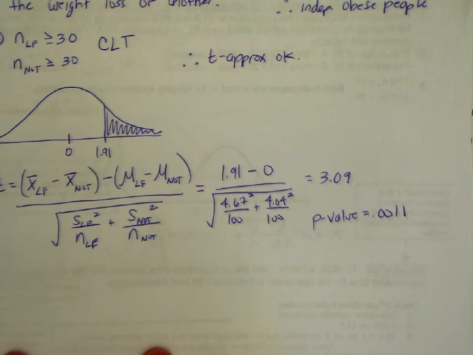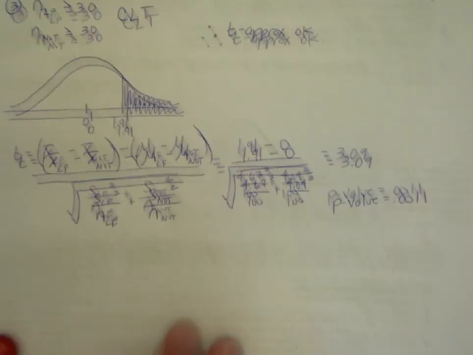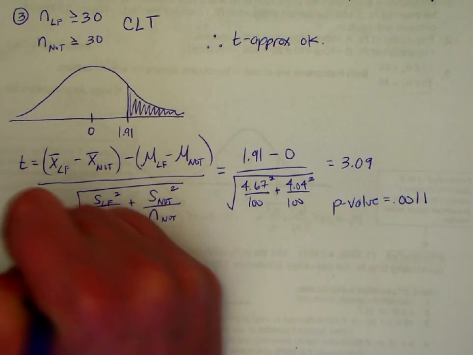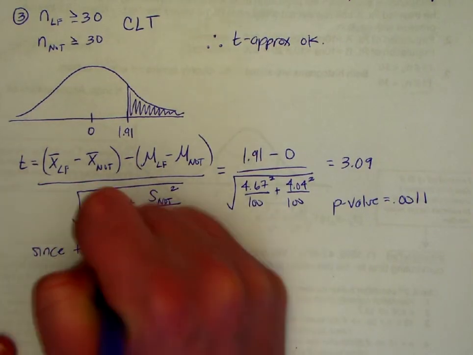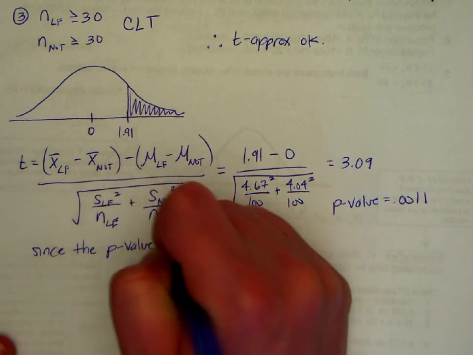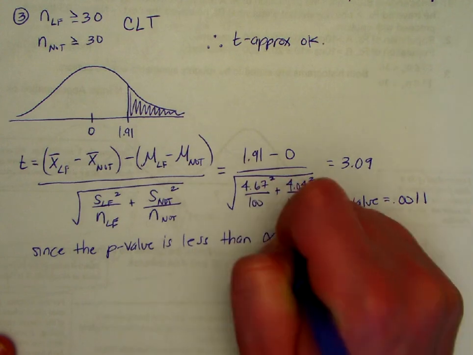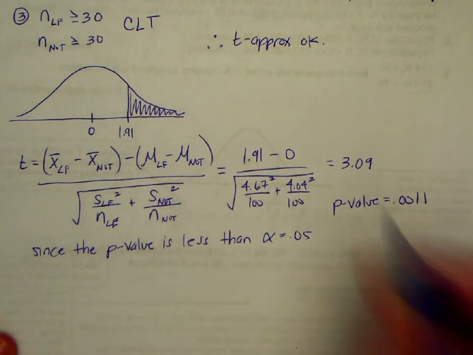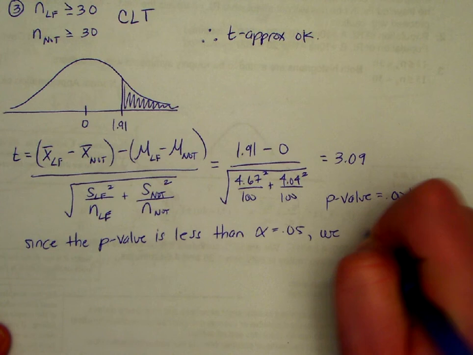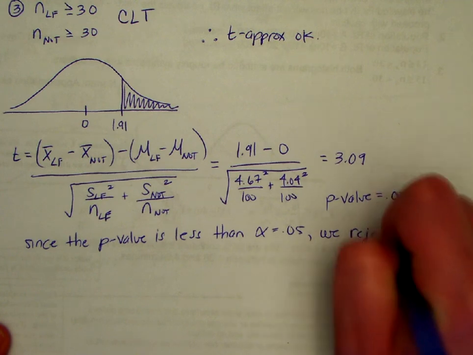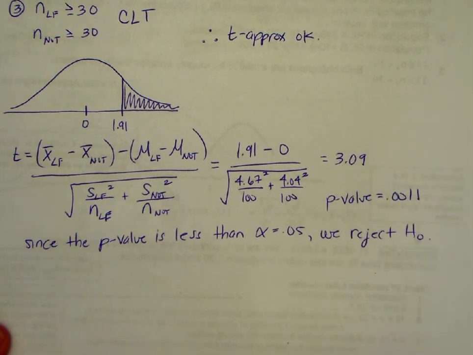Since the p-value is less than, and we'll say alpha equals 0.05, we reject H0.